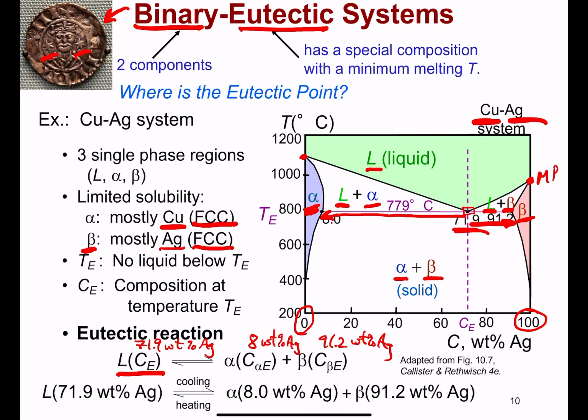So hopefully you've seen here that a liquid that was homogeneous in the dispersal of the silver, upon cooling across the eutectic point, generates alpha particles and beta particles coexisting throughout the bulk solid, so two separate solids with two different balances of silver, one being very low, 8% silver, the other being much higher, more like 91%. So clearly alpha and beta are different solids given their chemical makeup.